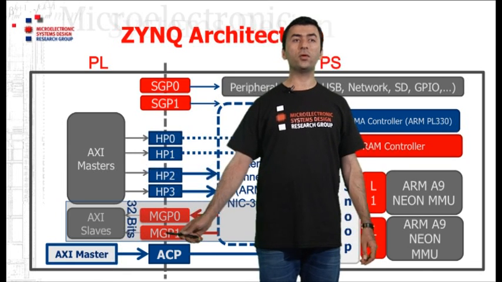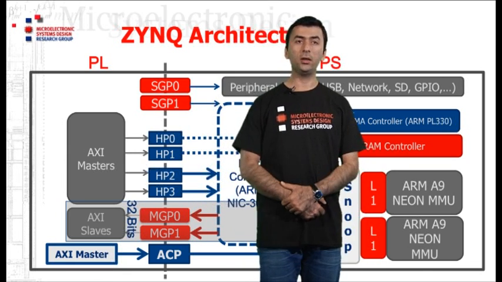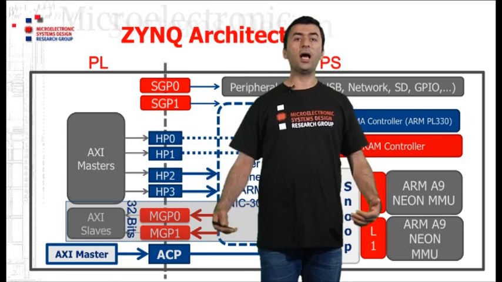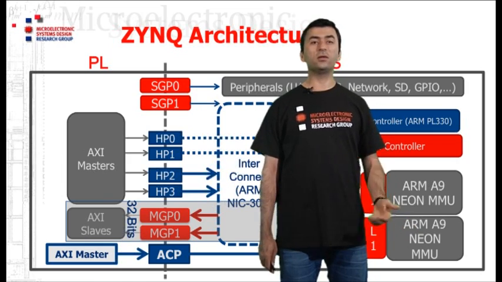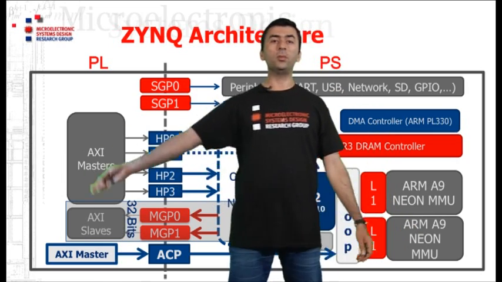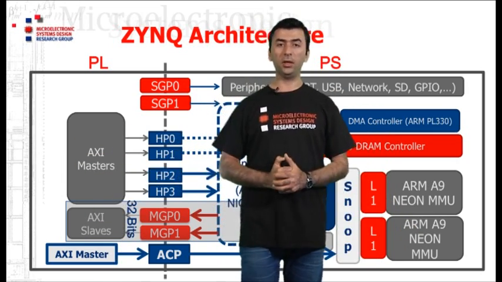So these two AXI master ports are very important, and they allow your CPU cores to initiate read and write transactions to the blocks that you create on the PL.